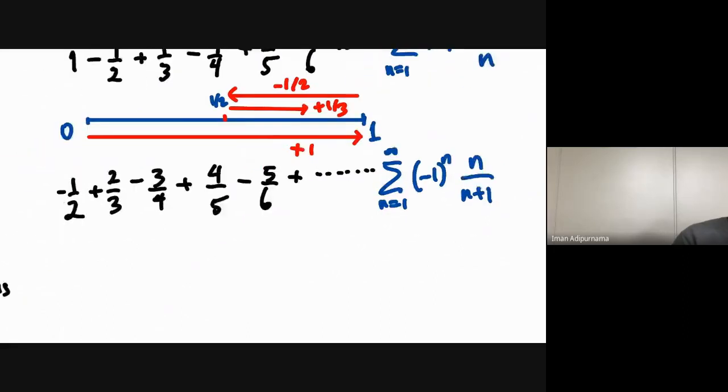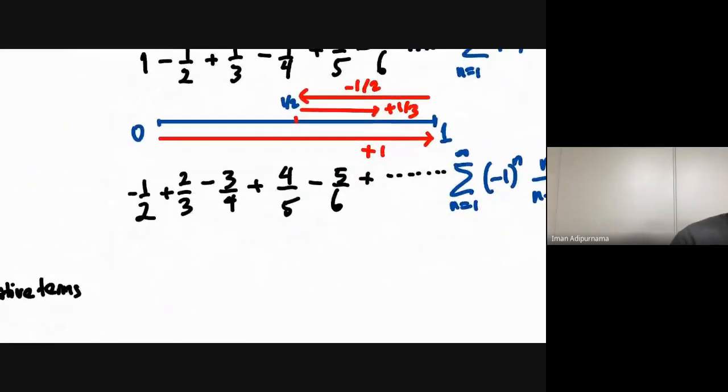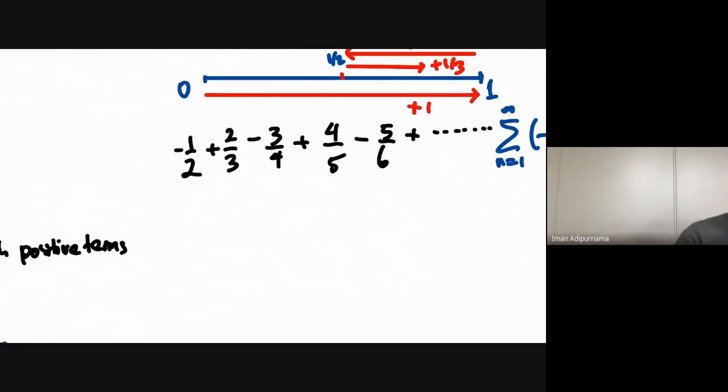Now the important thing in the alternating series, as I mentioned before, is that you will arrive at a convergence value.